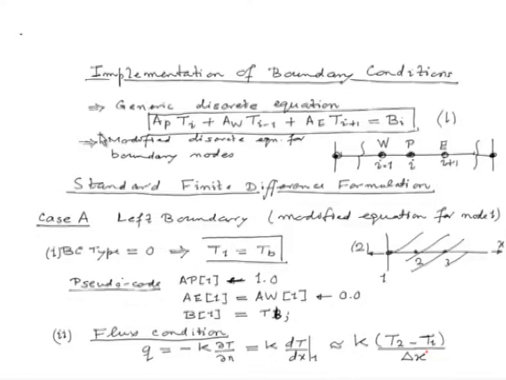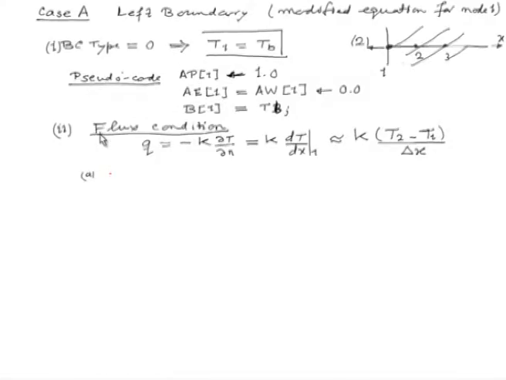So now let us take two subcases. The first subcase is BC type 1, which stands for flux specification, that is Neumann boundary condition.